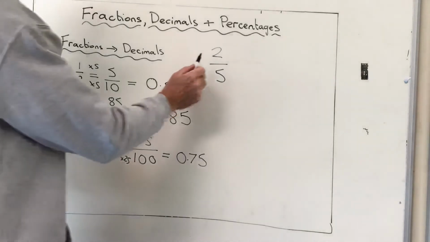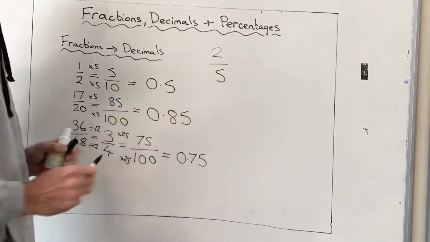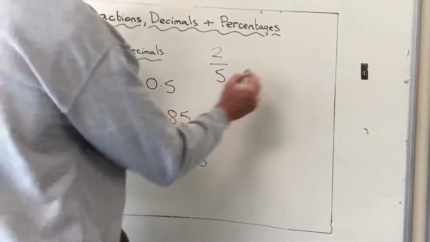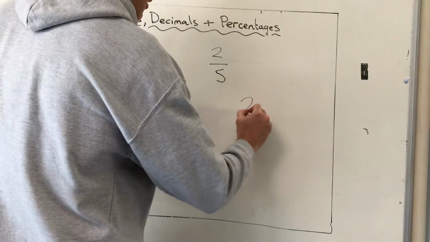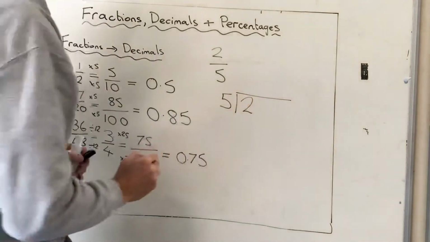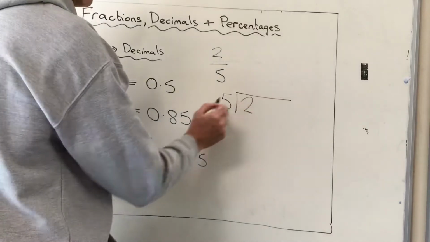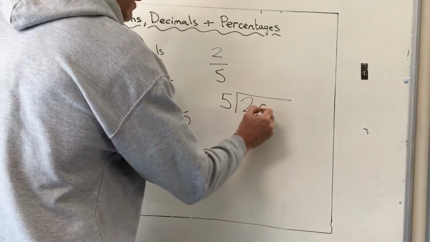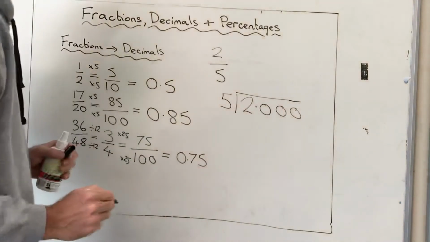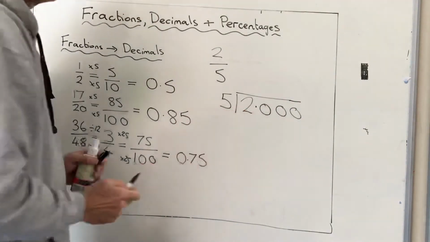That means 2 divided by 5. 2/5 means 2 divided by 5. Now obviously 5 doesn't go into 2, so we then have to go into some decimals. Okay, and then we do a normal division sum.